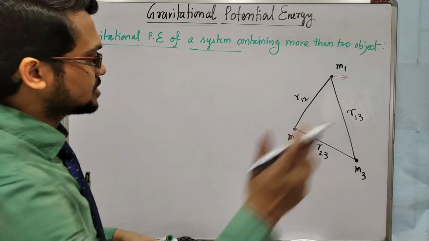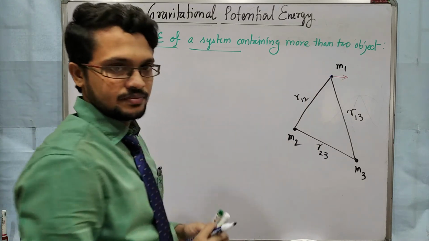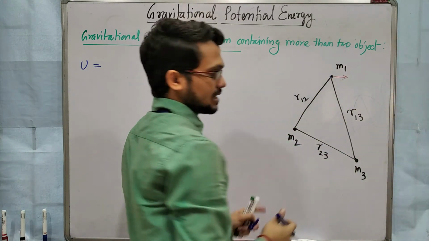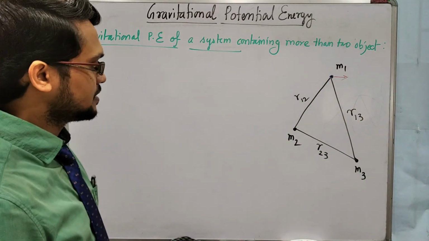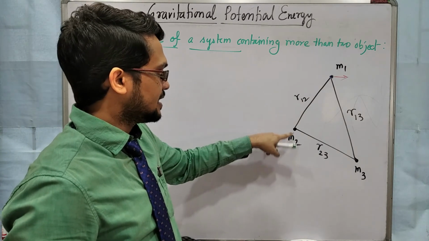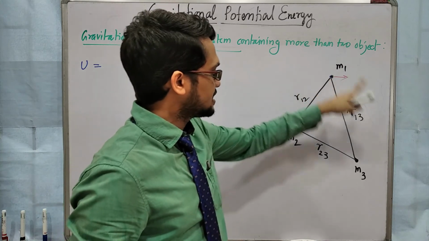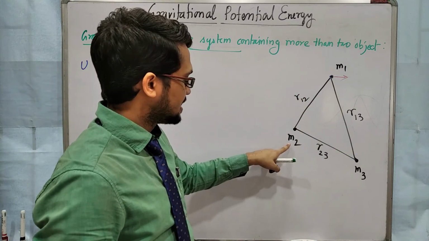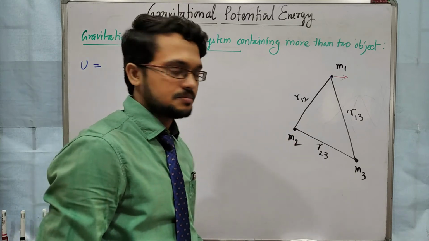Now suppose I am bringing m2. Now m1 is already there, generating a gravitational field around itself. So when I bring m2 to this point, it is entering into the gravitational field of m1. So there you will get some potential energy in that object.